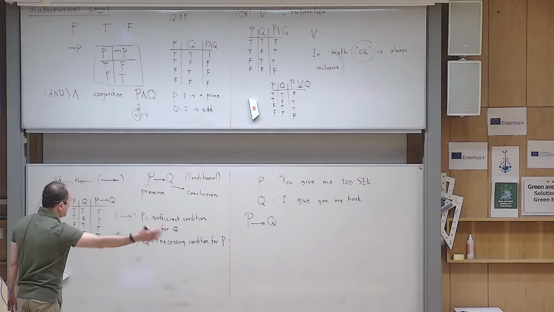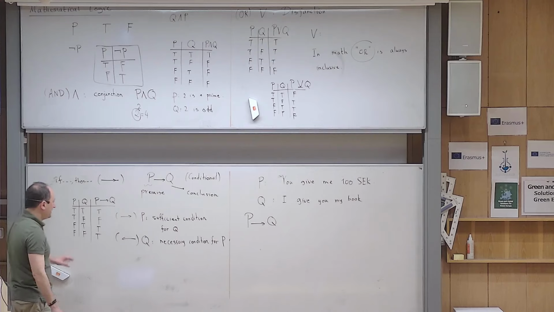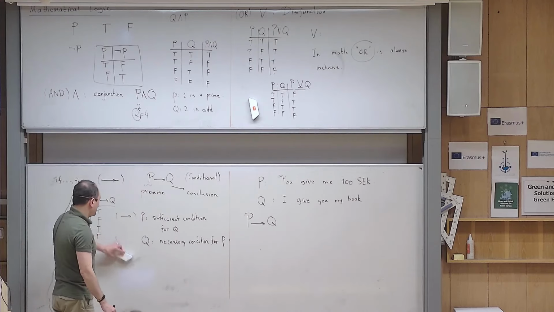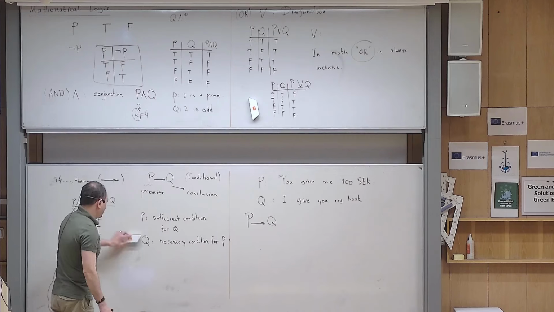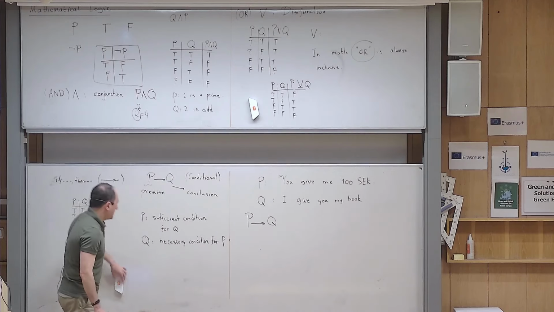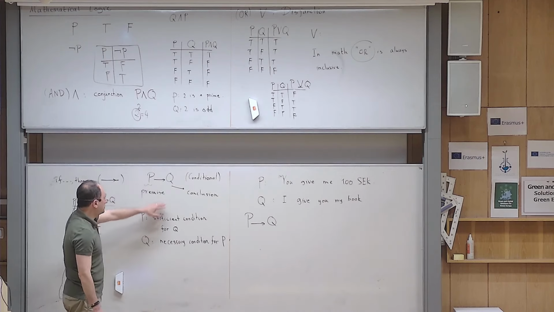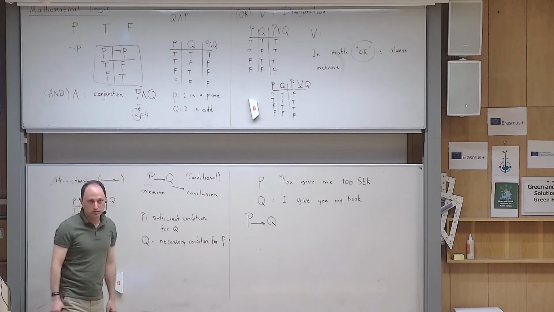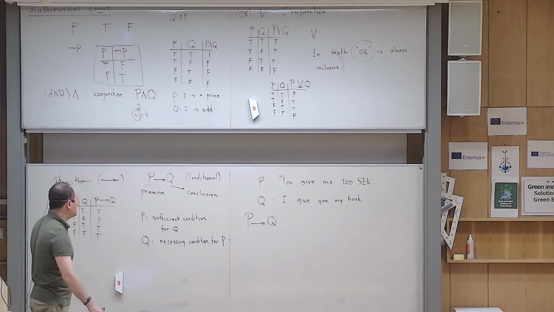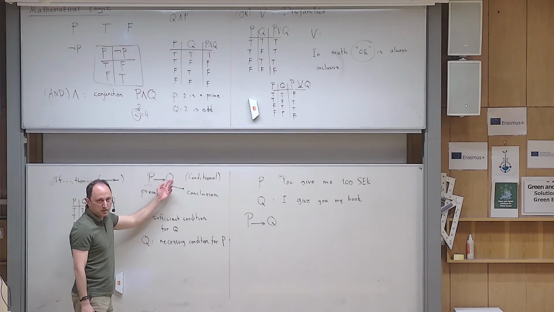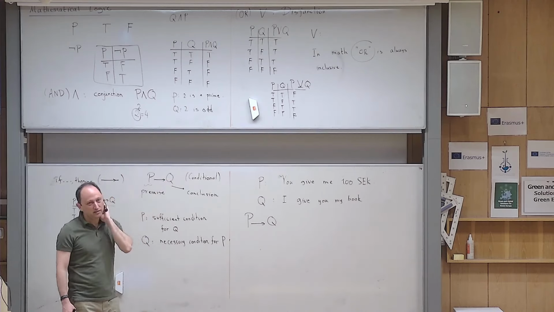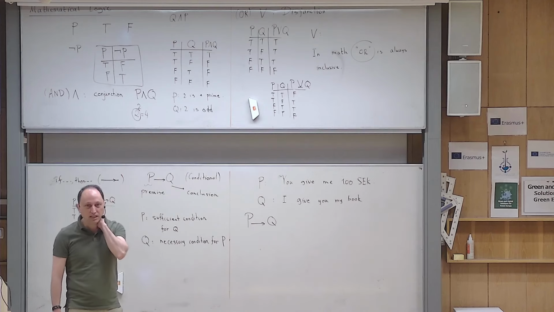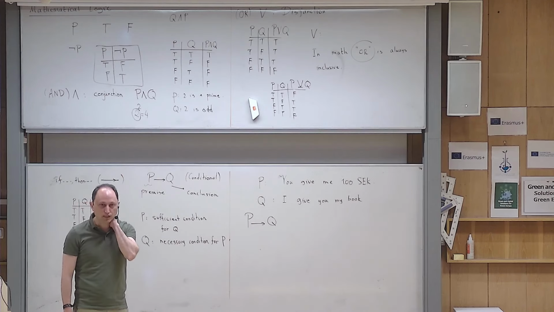Necessary condition is from the other side to that side. I'm not very good about these. I'm not very fond of these kind of things, but I want to say that P is sufficient condition for Q and Q is necessary condition for P. Even though sometimes people read it as P implies Q, I don't like this because if P then Q is a statement which can be true or false.